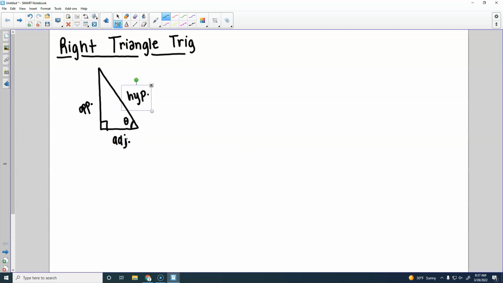So hopefully those are all words that you remember. We've got our three trig ratios that we have learned so far. That is sine of theta, which is opposite over hypotenuse.